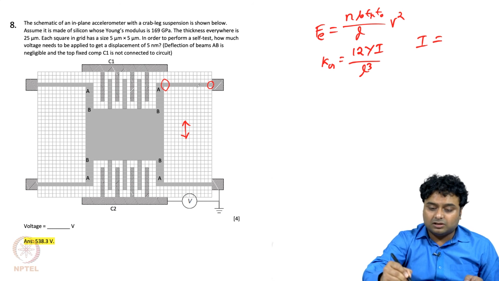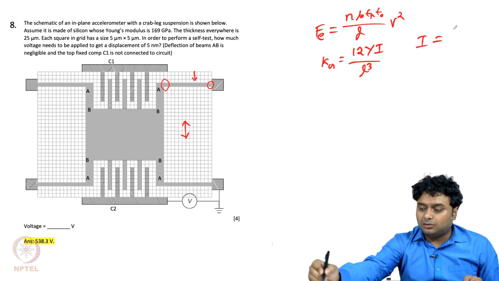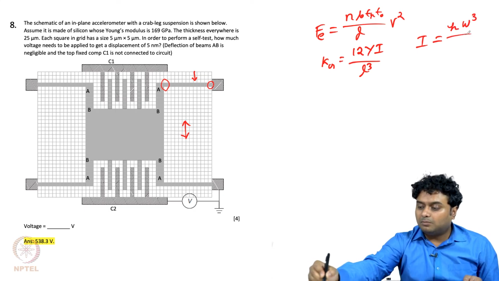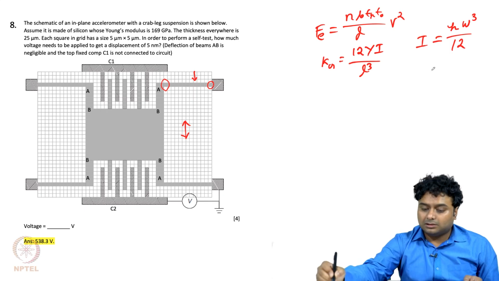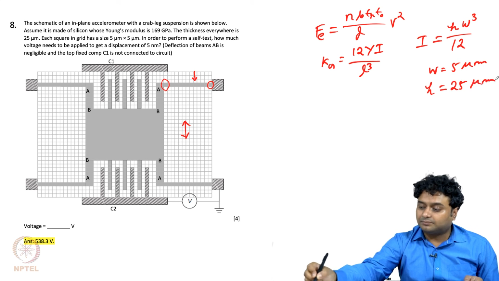Each grid square, as I have mentioned, is 5 micron. So the in-plane width is, for this kind of force, the height, right. So I equals h w cube by 12, where w equals 5 micron and h equals 25 micron, which is the actual out-of-plane thickness.